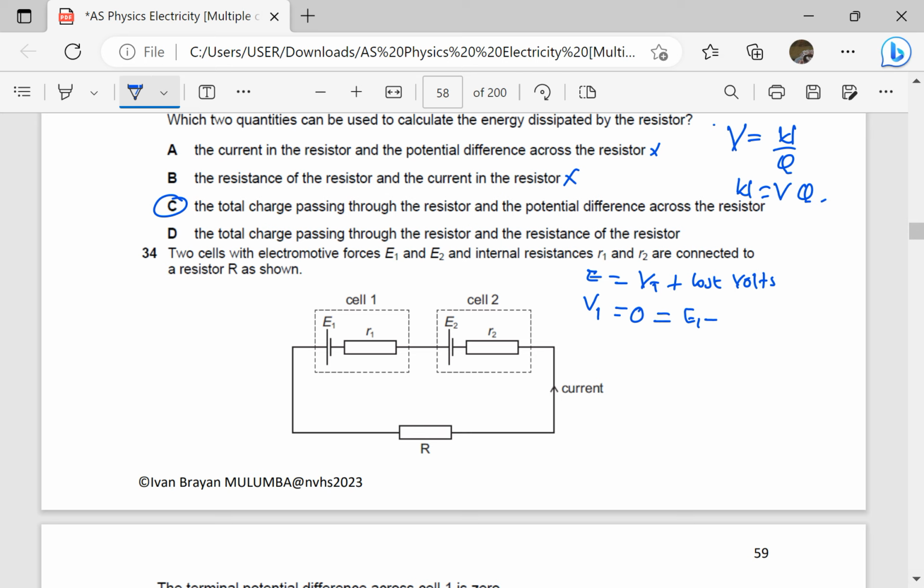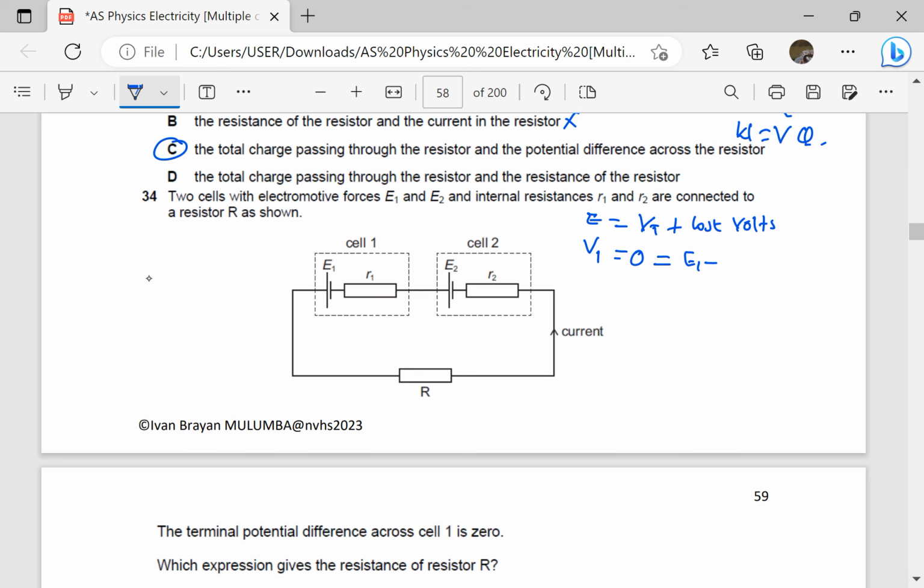But remember, the lost volts in cell 1 will be the current. Of course, the current is the same. The lost volts here is going to be I times r1. So this is going to be E1 minus I r1. That is the lost volts there. Which means the current I is going to be E1 divided by small r1.